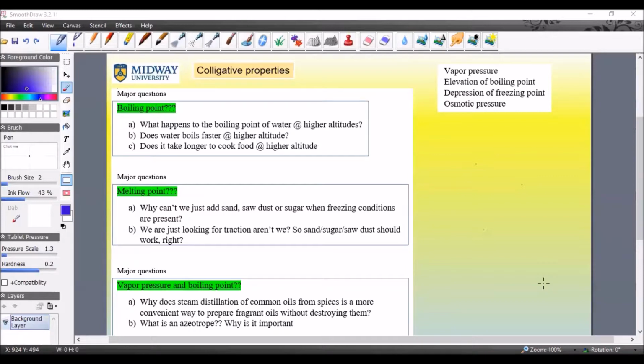Now, there's another term that you may not know from your other science experience, or some of you might know, which is vapor pressure. And how does the idea of vapor pressure play a key role towards boiling point, and how does that answer the three questions above under boiling point, or the questions just shown below?